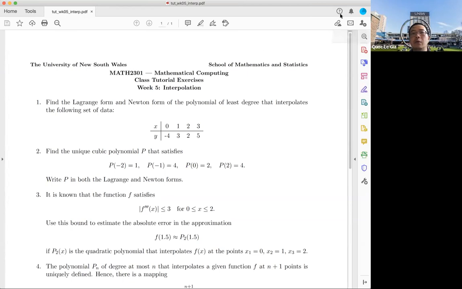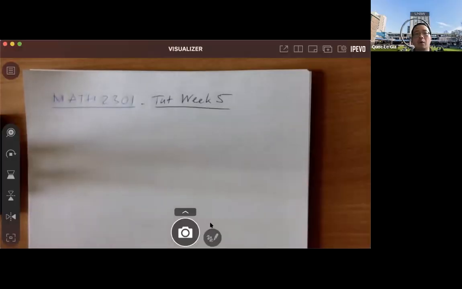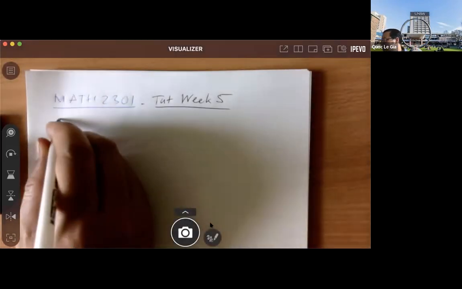Now let me share my piece of paper. Okay, so in the first question, now you have to define the Lagrange basis.